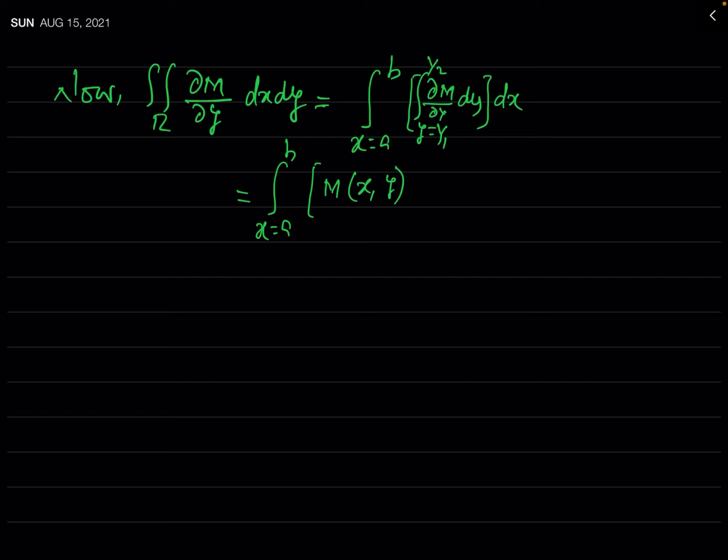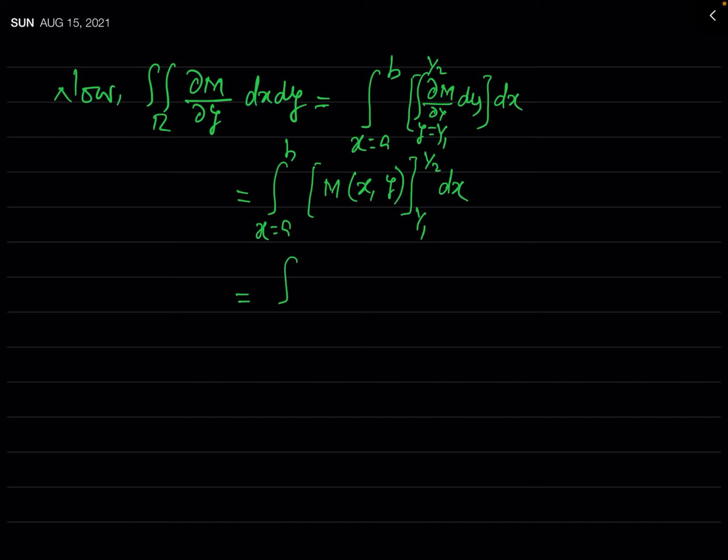The integral will be simply m, and m is a function of x and y, as I have told you earlier. And what are the limits? Limits are capital Y1 and capital Y2, and dx. Now let us put the limits first of all.